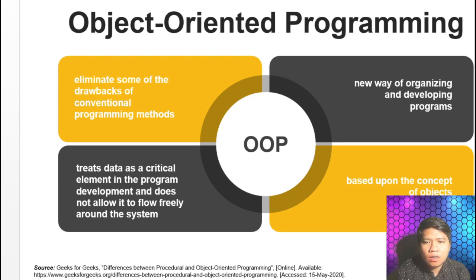The big difference between OOP and procedural programming is that OOP is based upon the concept of objects. Objects contain data in the form of attributes and code in the form of methods. Just to give you a real-life example of object orientation, if we consider a human as an object, the data or properties of a human are examples like hair color, age, name, address.